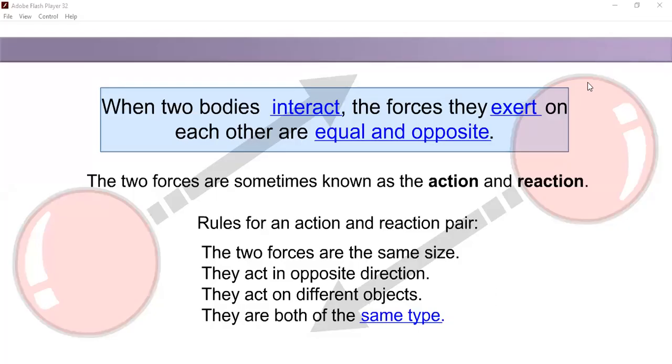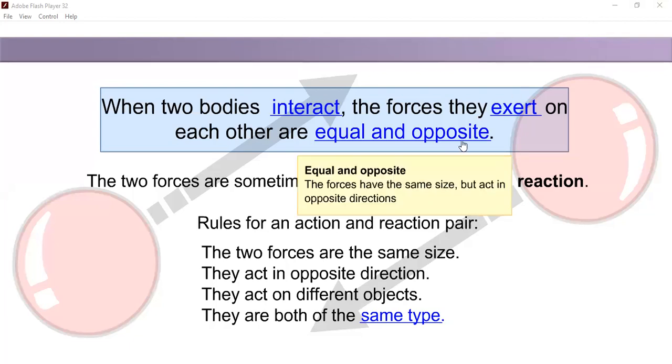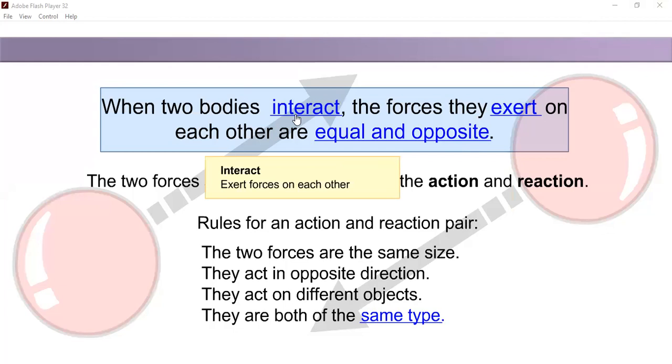Now we go to the next statement. The next statement states that when two bodies interact, the forces that they exert on each other are equal and opposite. Interact means that they exert force on each other.